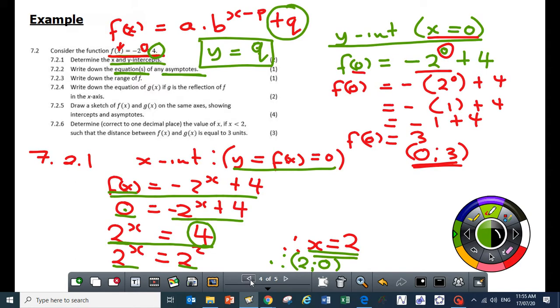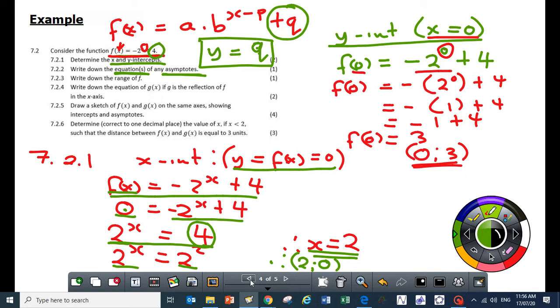So let's move on to 7.23. Write down the range of f. Now, it's very important for you to know that for an exponential function, if you want to know the range, you must use your value at the horizontal asymptote. Okay?